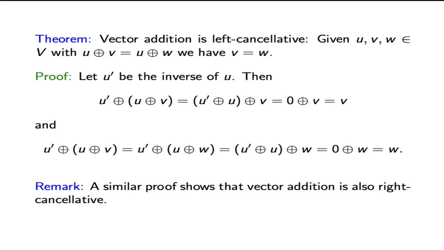This can be shown either by a similar proof as above, or we could use the commutative property of vector addition. Because if we know that v plus u is equal to w plus u, then we know that u plus v is equal to u plus w. And since we know it's left cancellative, we get that v is equal to w.